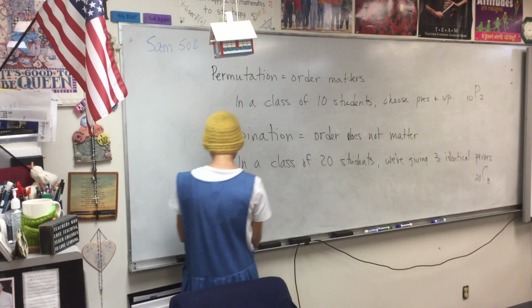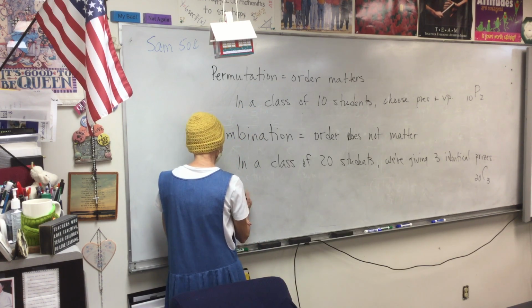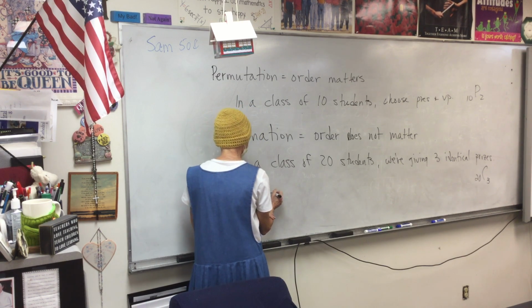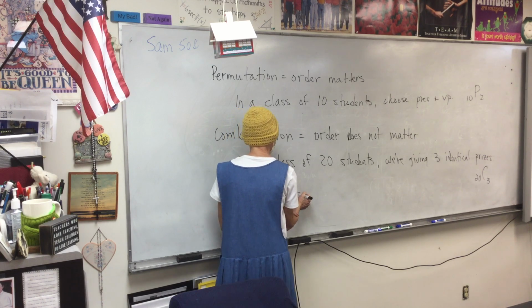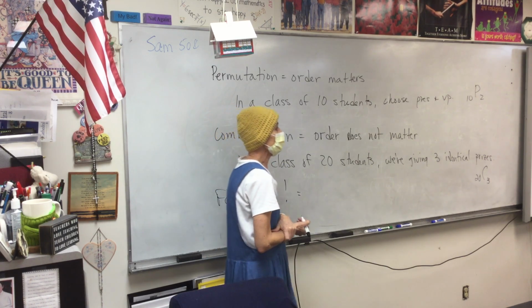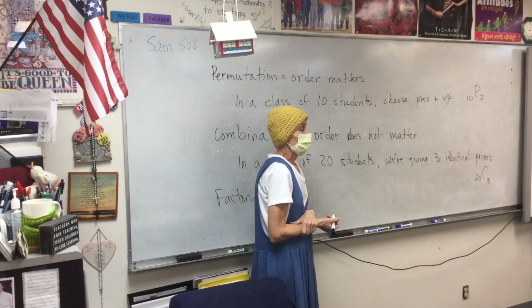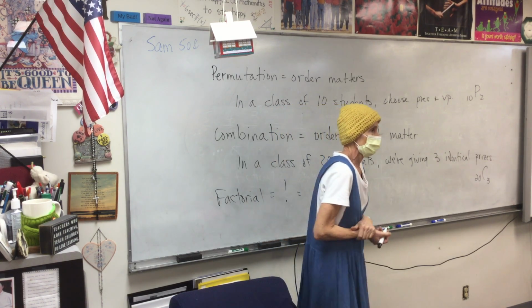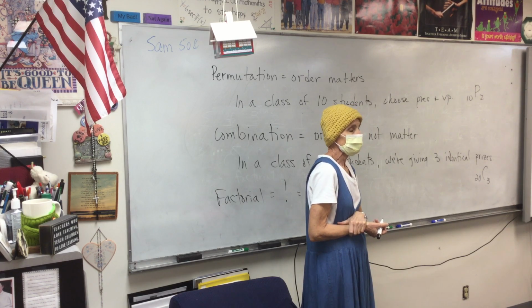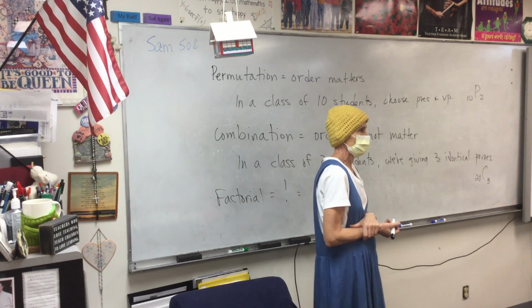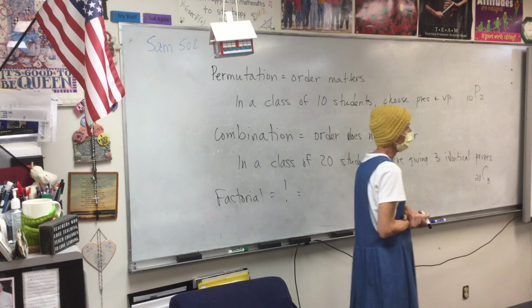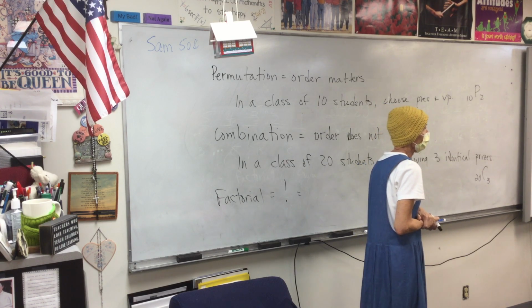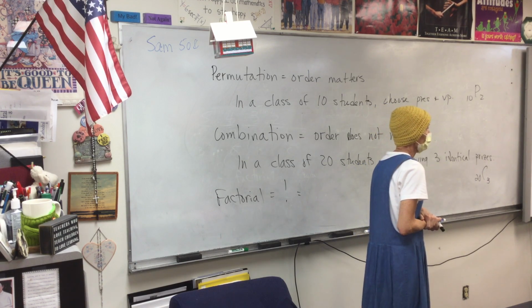Now, factorial, what's the symbol for factorial on your calculator? The exclamation point. And give me a problem where we use factorials. What was an example of a problem? You can look at your note sheet. What was the example, Harry? Like, I remember one of the note sheet was how many ways can you arrange 5 books on a shelf?